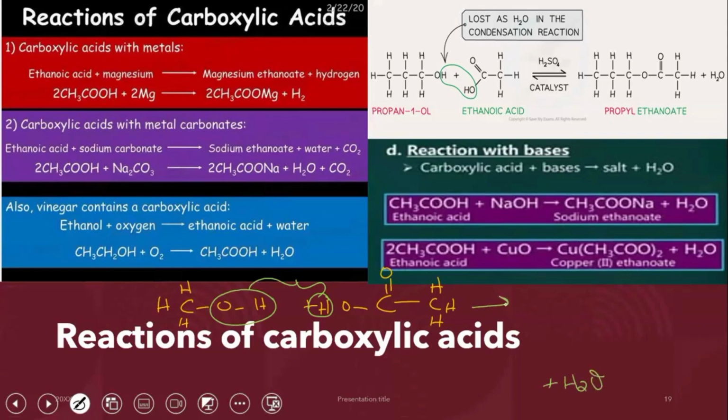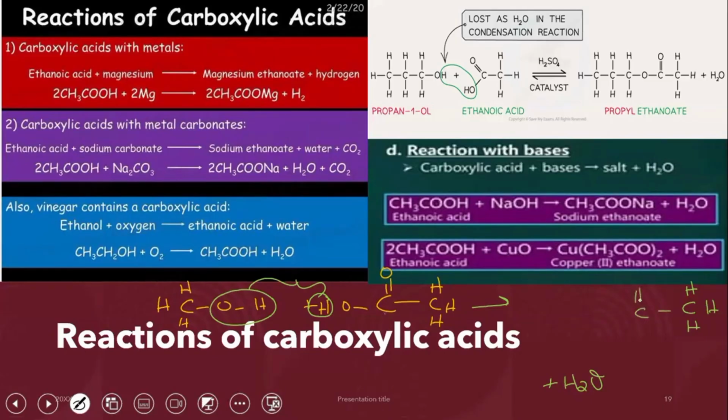Other than that, what are we going to get? I will now join the two compounds. I will remove the hydrogen and the OH, and whatever is left, let's join it up into one molecule. So I'll copy the molecule as it is.